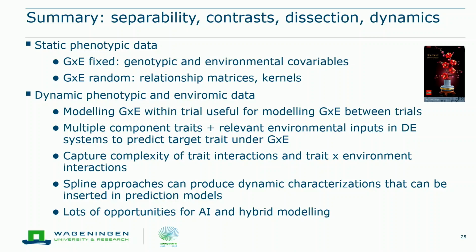So finally, what it comes down to is that I think you need to use these building blocks of separability, contrast between genotypes and environments, dissection of your phenotype in parts that can easily be modeled in this separable way, and look at the dynamics, because the dynamics contain a lot of information that originally we didn't have at our disposal when we were looking at it in a static way.